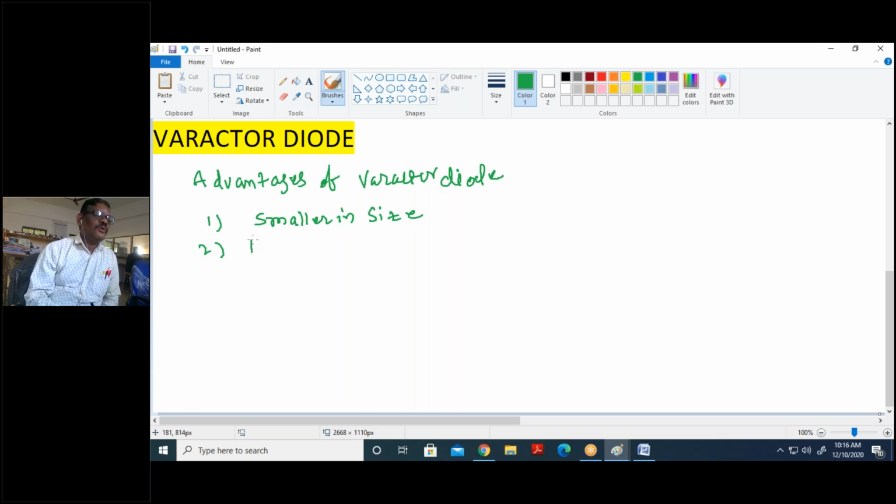Number two, rugged and reliable. Third one, no movable part.